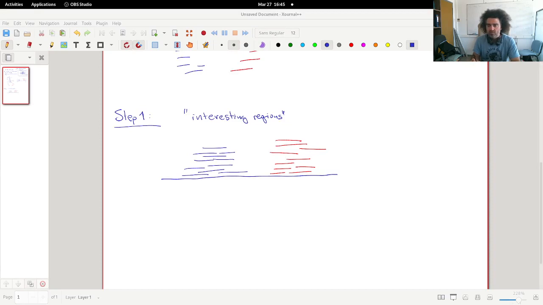Okay, so let's see how to be able to find these interesting regions. Now if this is a region that corresponds to a peak, we see this characteristic bimodal distribution of reads. So we have many reads here which form a peak, and then later on we have another region that forms another peak.